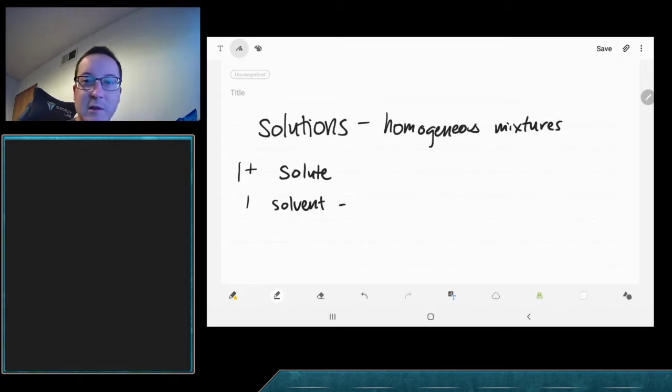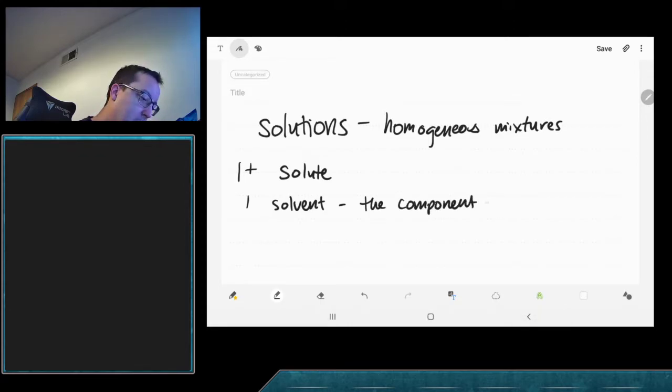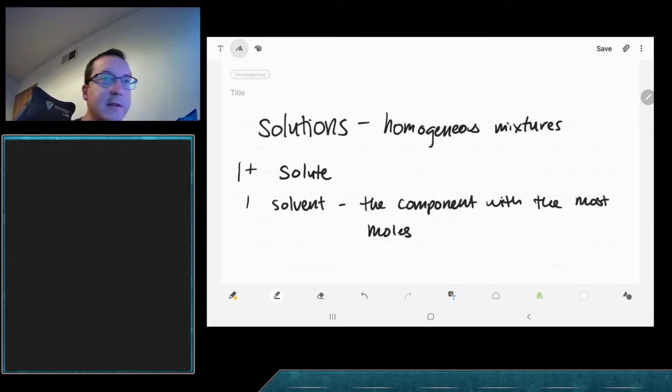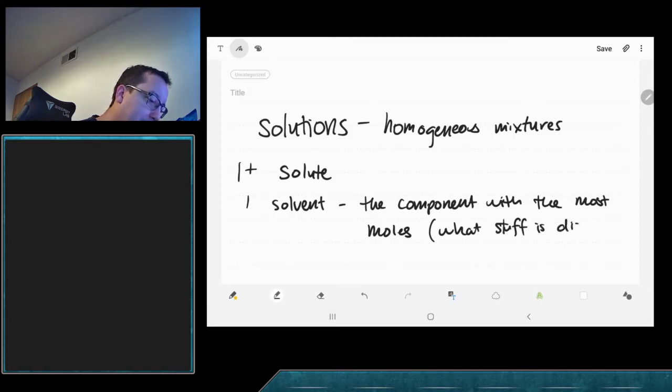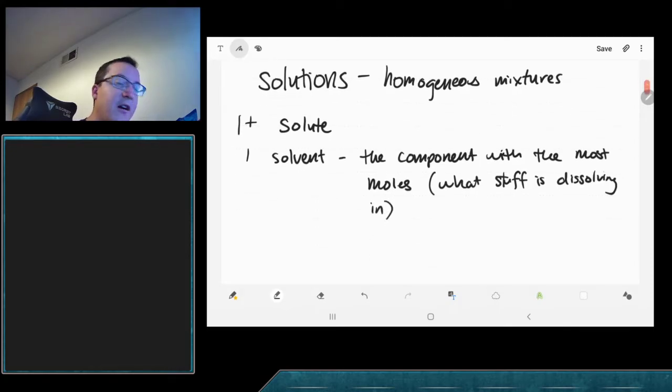I'm going to describe the solvent first. This is going to be the component with the most moles. It's what stuff is dissolving in. And so often we can think of solutions as something like salt water. Water is going to be your solvent there.